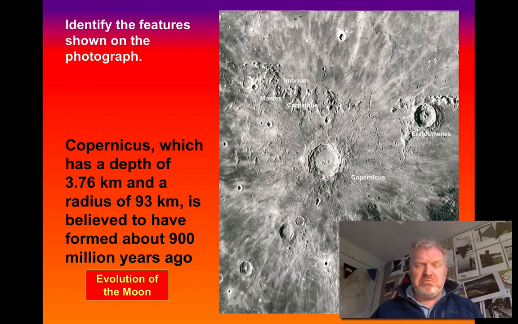That means that you could comfortably fit Wales into that crater. Not only that, it has a depth of 3.76 kilometres. So we could stack up 3.5 Mount Snowdons on top of each other and it still wouldn't quite reach the rim.